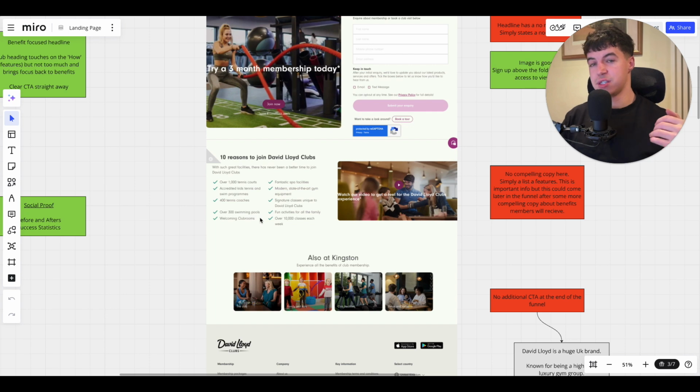So if we wanted to turn these features into benefits, what we could say, if we take the example of the accredited kids tennis and swim programs, rather than saying that they're accredited swimming and tennis programs, we could say put your kid through second to none or top-notch tennis and swimming programs.